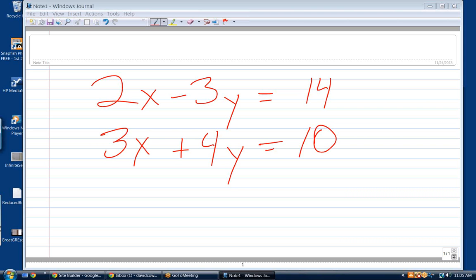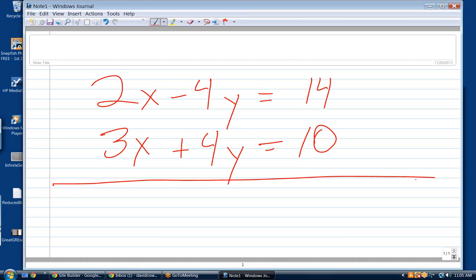Well, I could have made this a little easier. Since you're not real good at these, let's make the problem like that. Now, eliminating one of the variables is easy because all we have to do is add the two equations. You can always add or subtract equations.